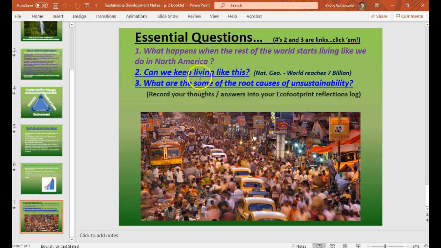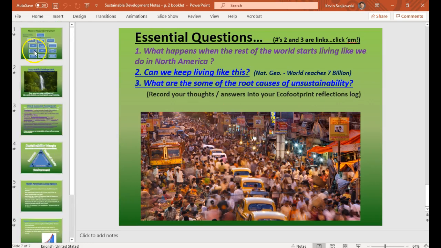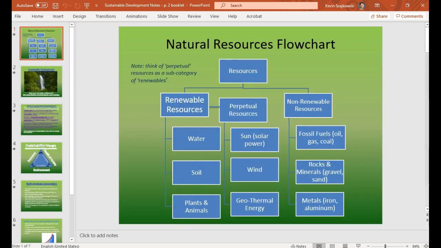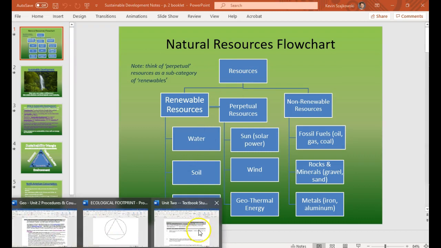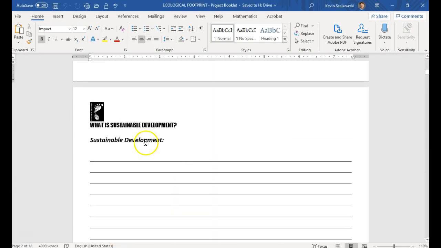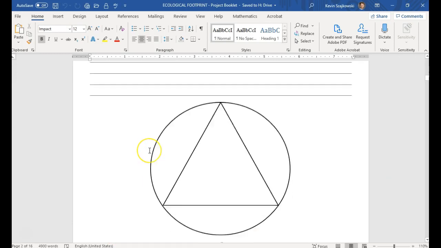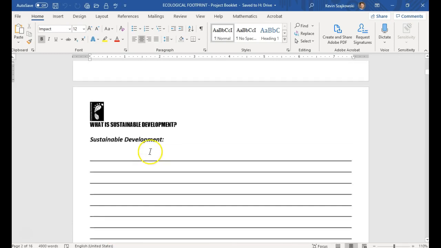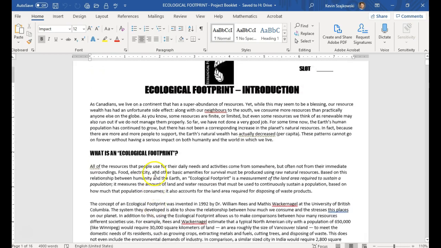Again, there are videos here that you must watch for a fuller appreciation of these questions, and then any thoughts you have along the way can be recorded in your Reflections log. And this is basically the way that we'll be using this short PowerPoint, to complete the notes on page 2 of your green booklet, if you have a paper copy, the booklet on ecological footprint.